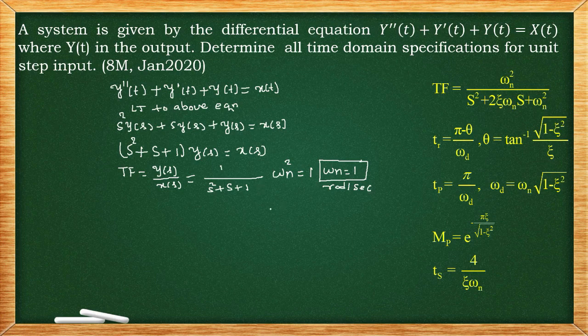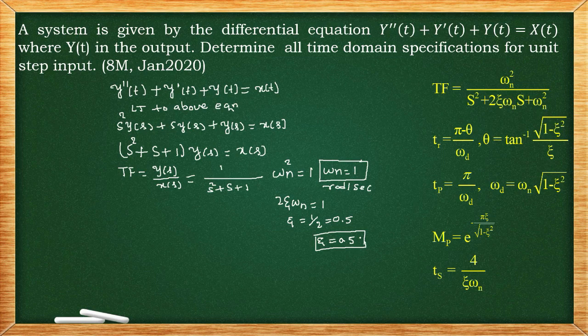Next, 2 xi omega n equal to 1. Omega n is already 1, then psi is equal to 1 divided by 2, that is 0.5. This damping factor doesn't have any units.